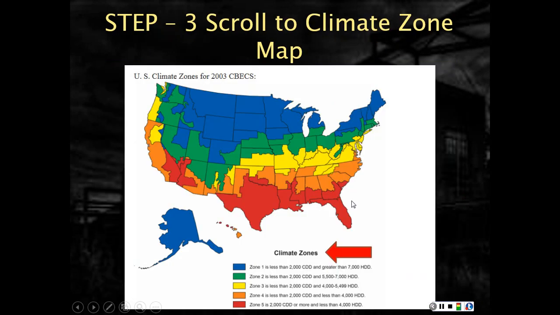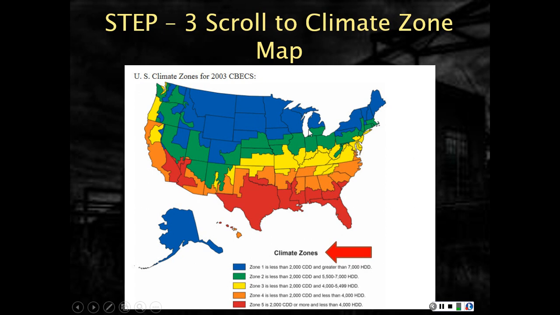When you get there, you need to scroll down until you get to the climatic zones for the Commercial Building Energy Consumption Survey. Notice how there are 5 zones, color-coded. Now these zones are also based on, if you look down here under the legend at the bottom, a combination of cooling degree days and heating degree days.